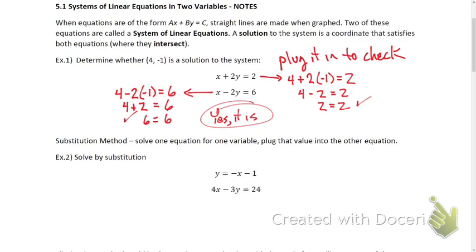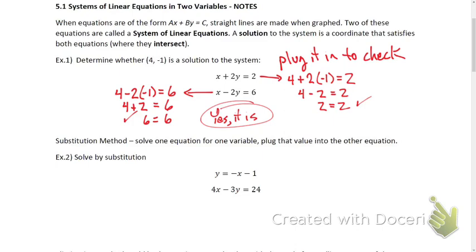All right. On number 2, we're going to look at the substitution method in solving. There's many ways to solve a system, and substitution is one of the ways you hopefully learned back in the 8th or 9th grade. The typed instructions there tell you all you need to know. So you need to solve for one variable, plug that value into the other equation.